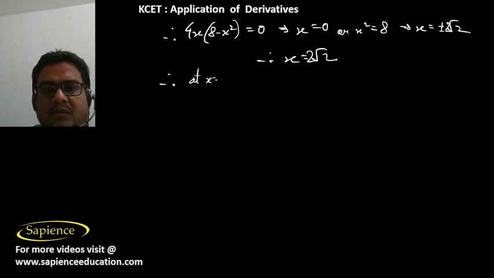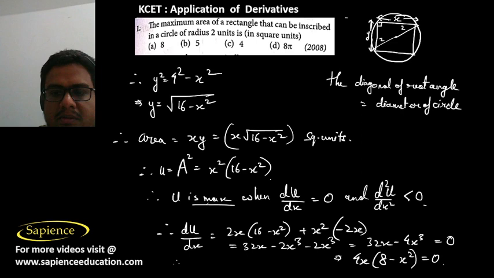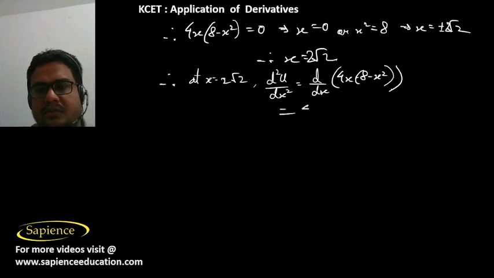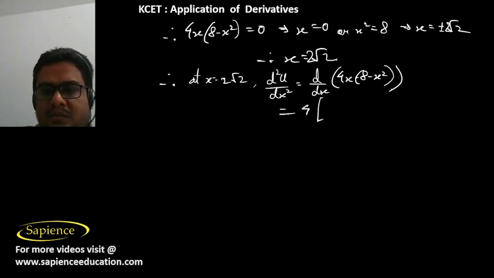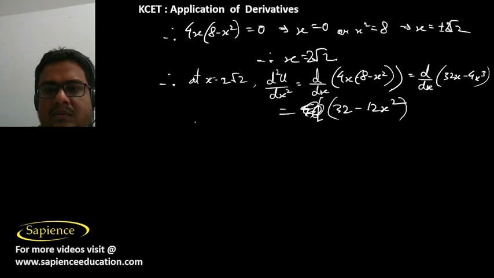Therefore, at x equal to 2 root 2, find d square u by dx square, that is d by dx of du by dx, d by dx of 32x minus 4x cube.